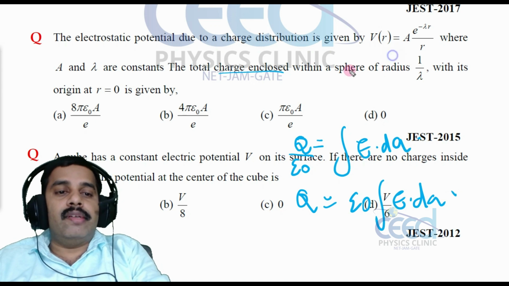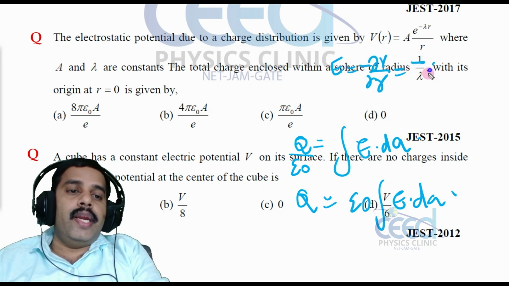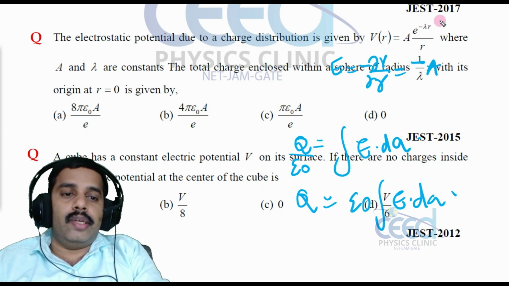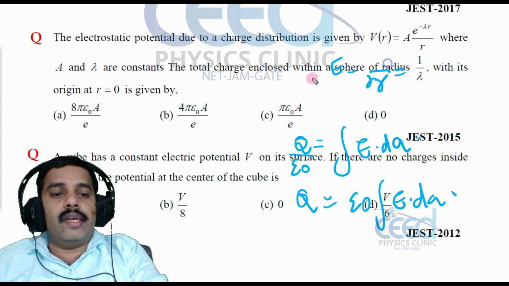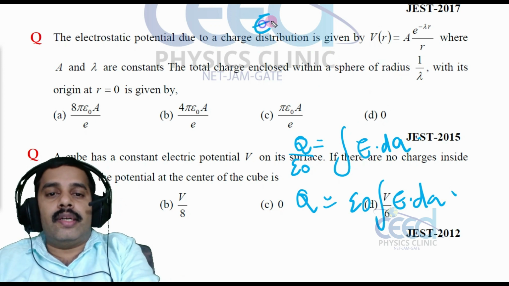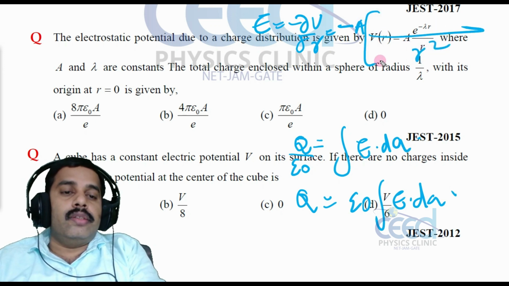Electric field is the negative gradient of potential, right? So electric field is equal to minus dou V by dou R. So minus A into, we have to apply the quotient rule here to differentiate this. So let me write this as, E is equal to minus dou V by dou R, that is equal to minus of, denominator square, and we have a constant out here, right?